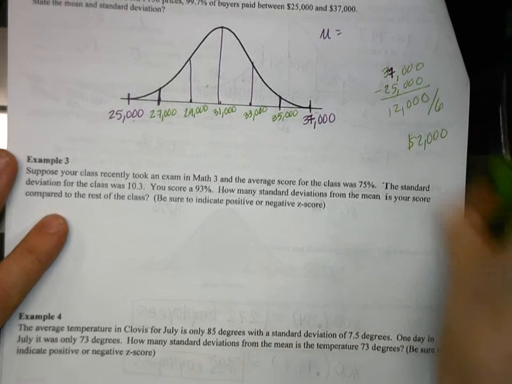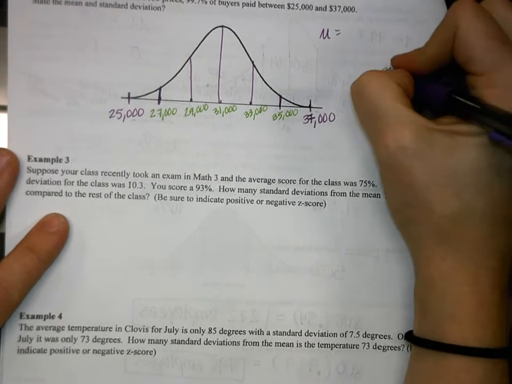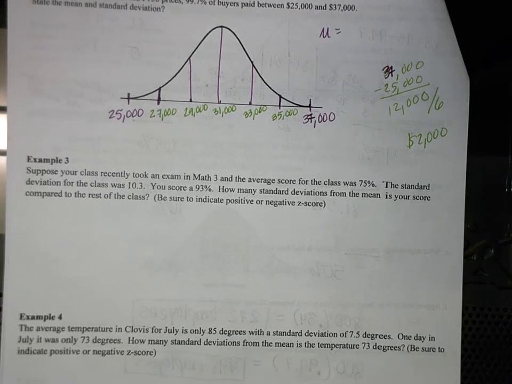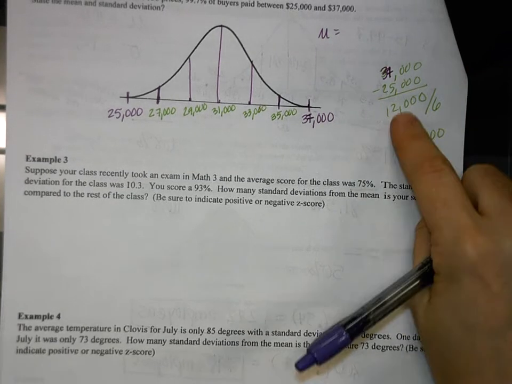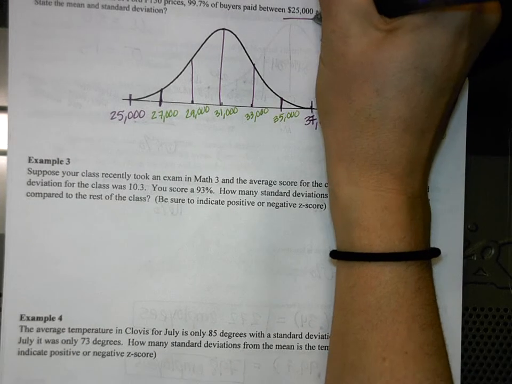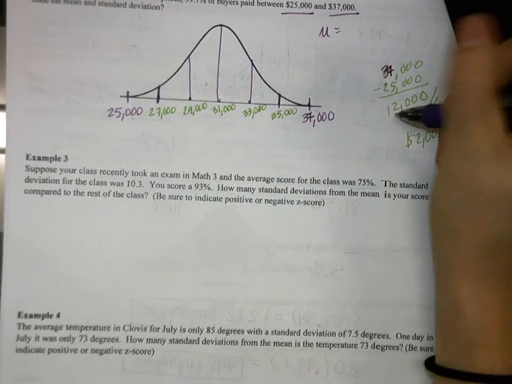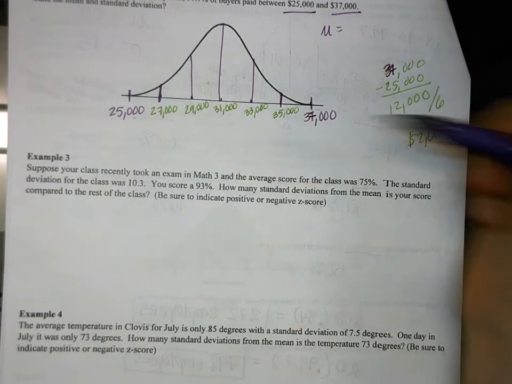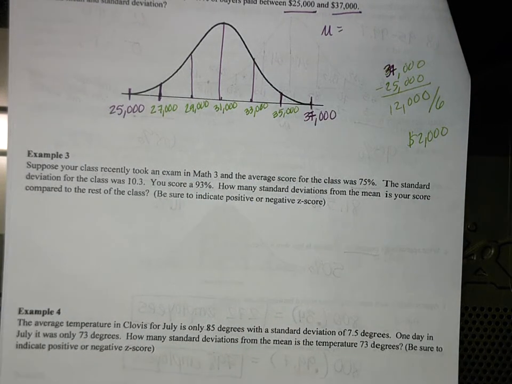Sorry, I was looking at my key. Some of you were probably subtracting that, wondering where 12,000 came from. 37,000 minus 25,000 gives me 12,000, and then my increments are by 6, so I'm going to divide by 6 to see how much I'm incrementing by each time.